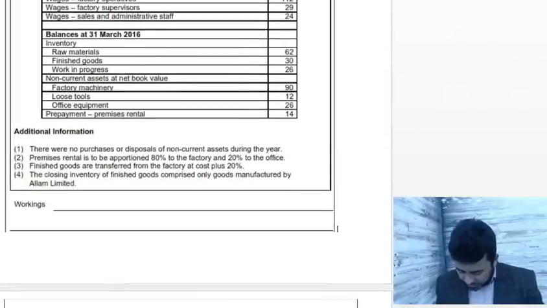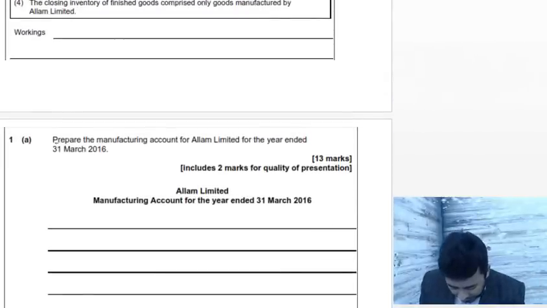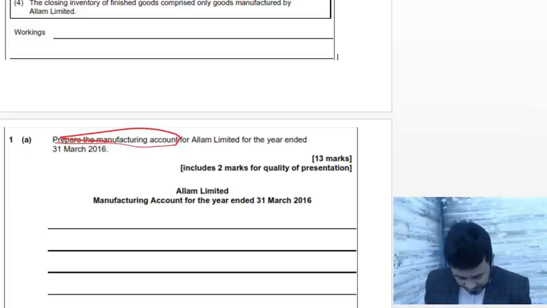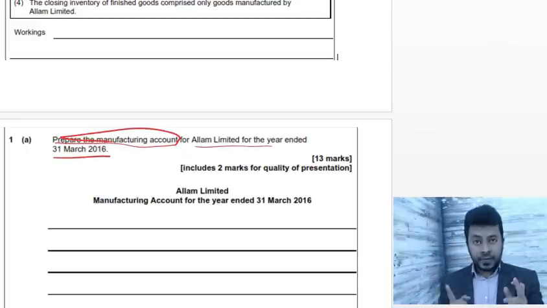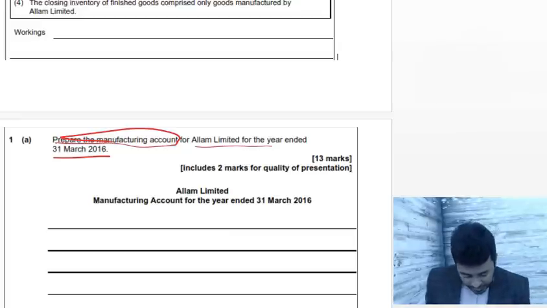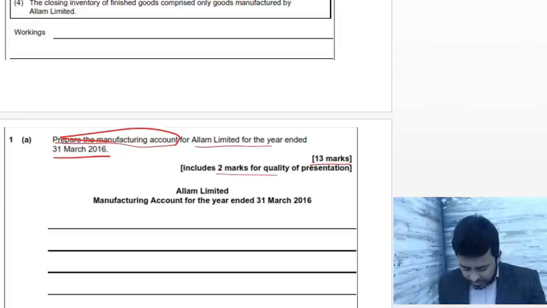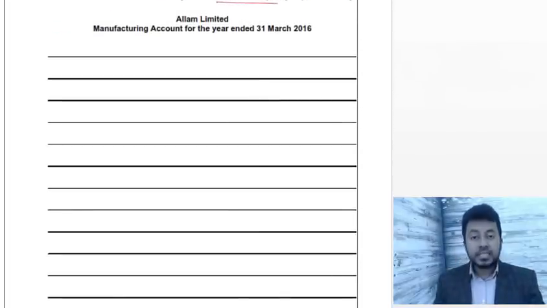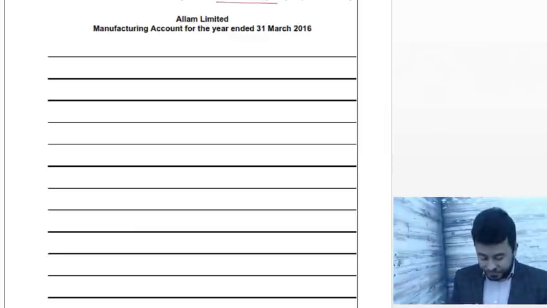And the requirement is, not on this particular page, the other page: prepare the manufacturing account nice and steady for LM Limited for the year ended 31st March 2016. Year end is very important. Okay, and they've given us 13 marks and 2 for quality and presentation. We'll easily grab it. And they've given us a space where we can write down on your left.